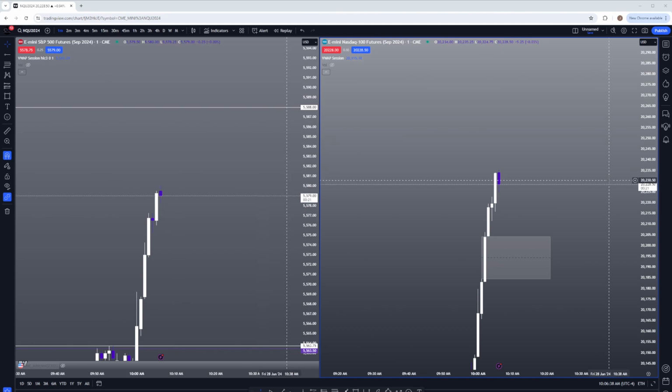Let's see if we can get some pullback for us to try to find a good entry here. First candle we've seen that's actually looking somewhat bearish.